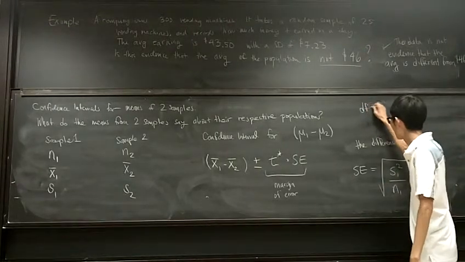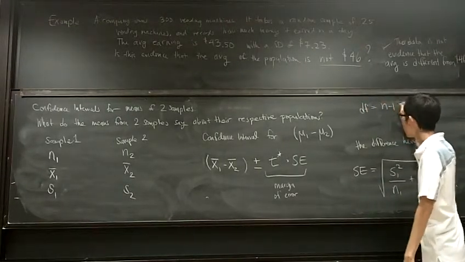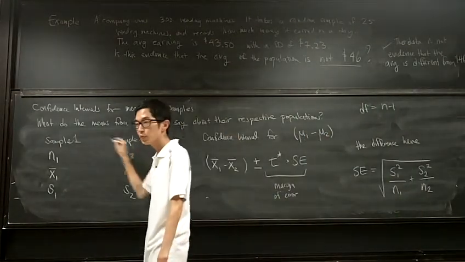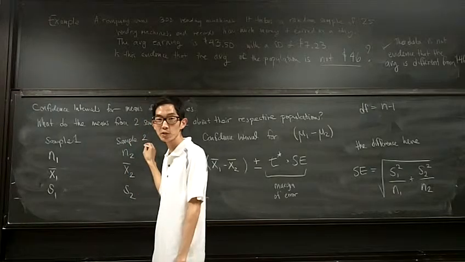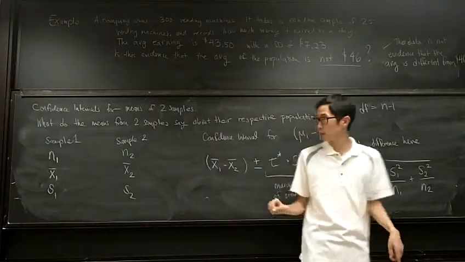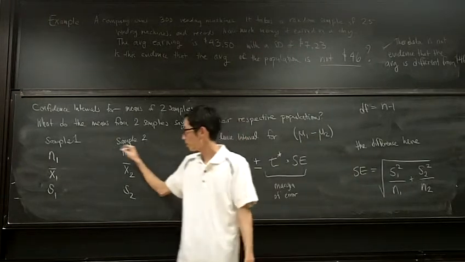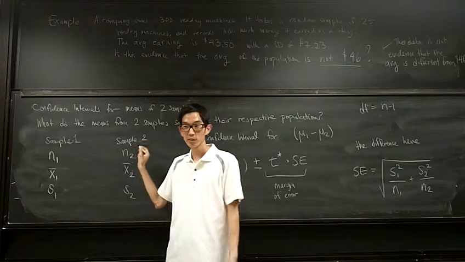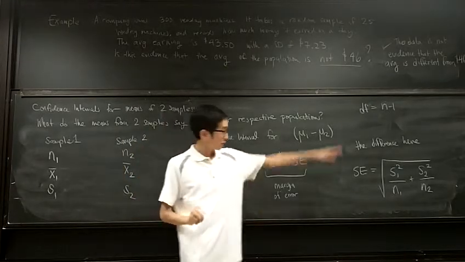The degrees of freedom is n minus 1, but we have 2 n's. We've got an n for sample 1, and an n for sample 2. So we are going to use the n of the smaller sample. Whichever sample has a smaller n, we use that as the n minus 1.